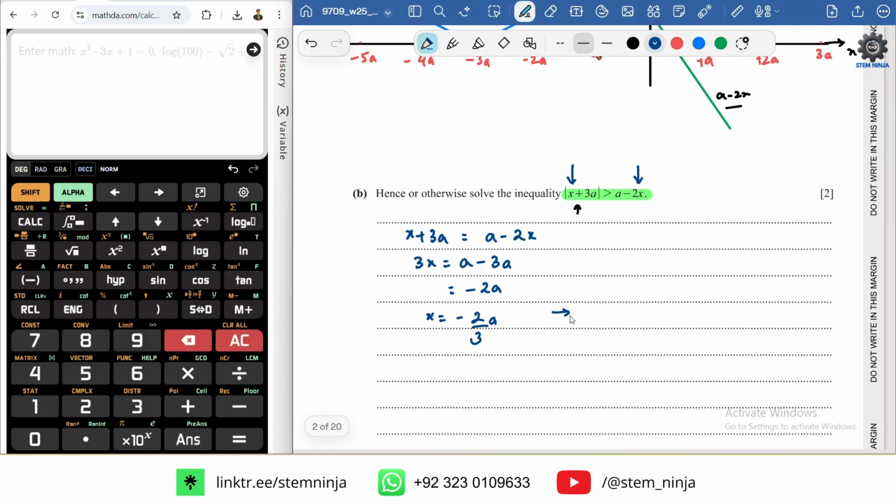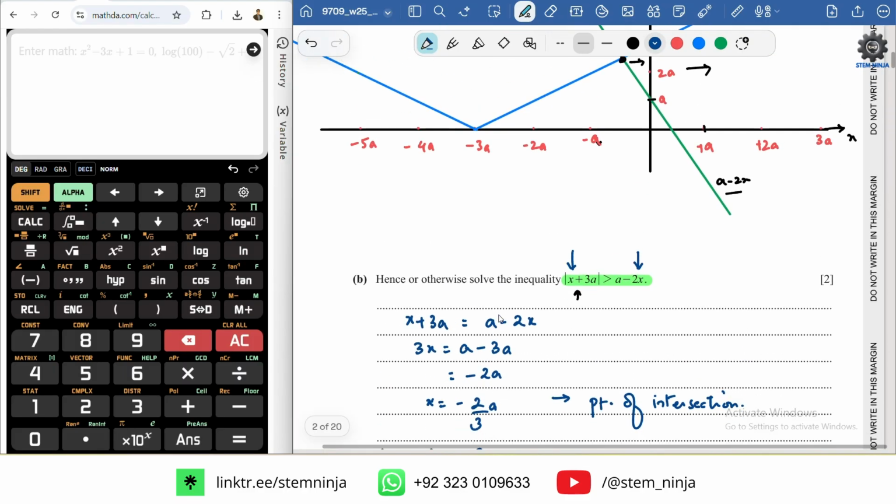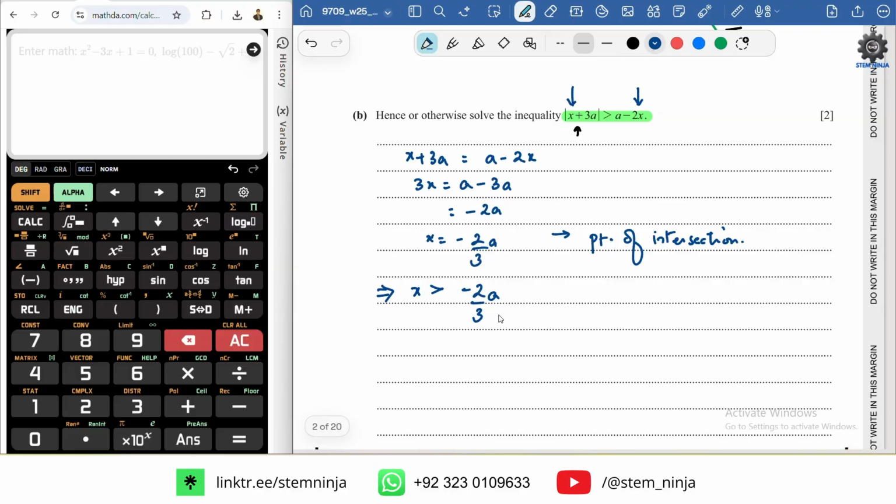This is the critical point, the point of intersection. Hence the range is x greater than negative 2/3 of a. That's it. Alright, so that's it for this question. Let's move on to the next one.